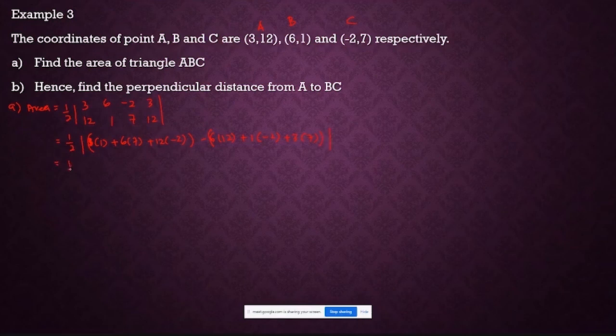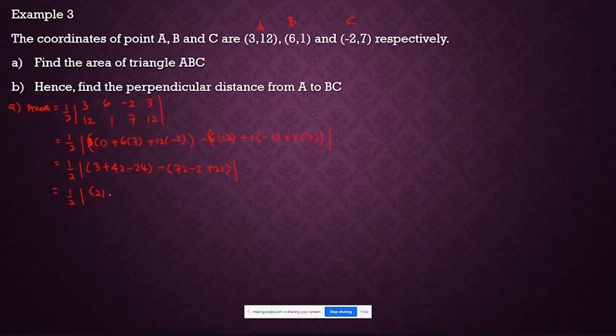Now we have 1 over 2, first part 3 plus 42 minus 24, minus 72 minus 2 plus 21. Okay, here equals 1 over 2. 45 minus 24 equals 21.